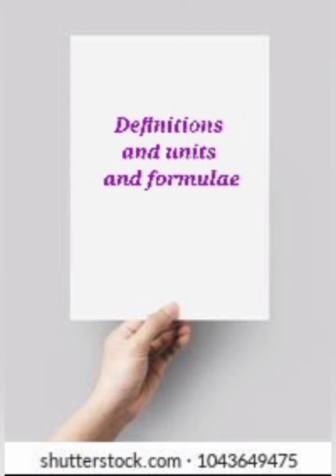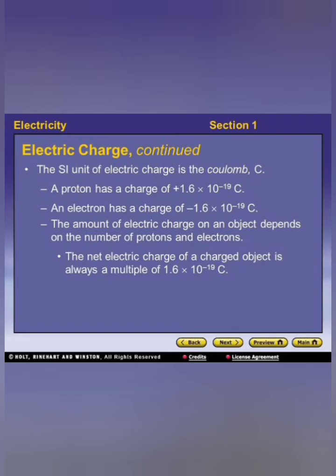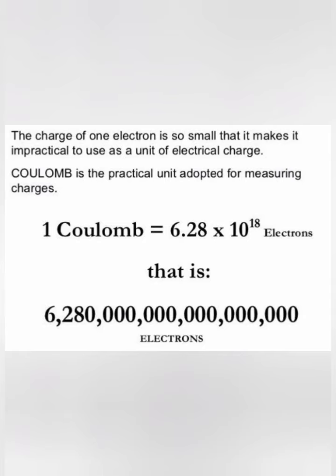What is meant by charge? 1 coulomb of charge is equal to the charge on 6.28 into 10 to the power of 18 electrons. What is negative charge and what is positive charge? The protons have a positive charge and electrons are negatively charged particles.